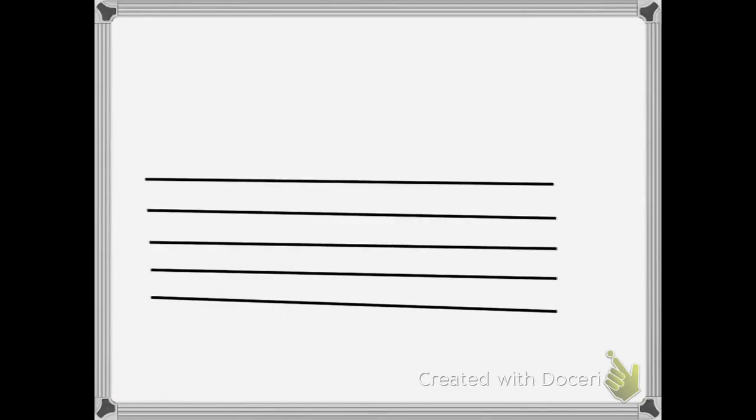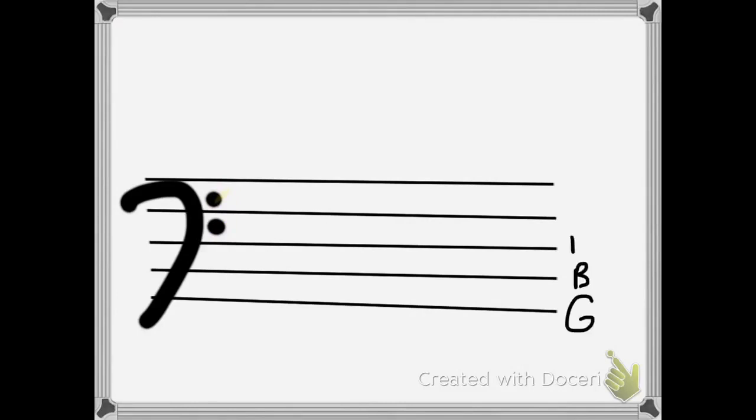So, to review, we learned that cellos and basses read music that has this in front of it. It's called a bass clef or an F clef. And it's called an F clef because these two dots right here surround the line that F is on. We learned that our line notes we can remember with good boys deserve fudge always.